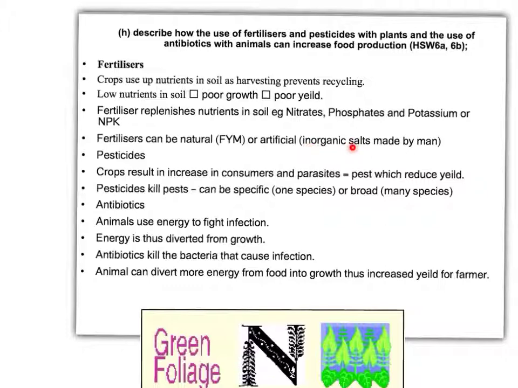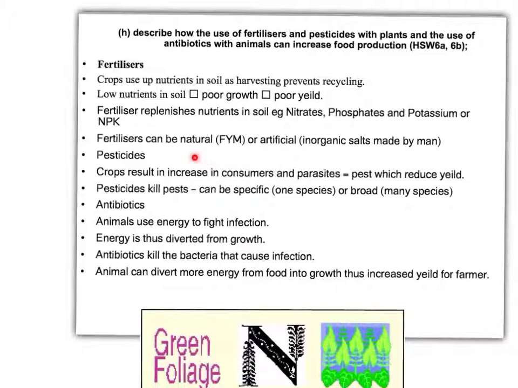Okay, so moving on to pesticides. The problem with growing monocrops, as we call them, in intensive agriculture, is that if we're growing a particular crop in a field, that is obviously very attractive to all sorts of other consumers which are not target consumers, consumers which we would consider pests, and they would start to feed on our crop and therefore reduce our yield.